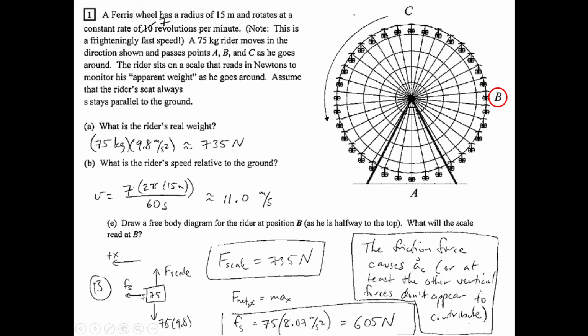In this case, the sum of the force x components would just be the static friction force. We'll just call it Fs, and that's equal to ma, and the mass of the object in the free body diagram is 75 kilograms, and the a we calculated in part C to begin with was 8.07 in SI units. And if we multiply those together, the ma, we get 605 newtons.